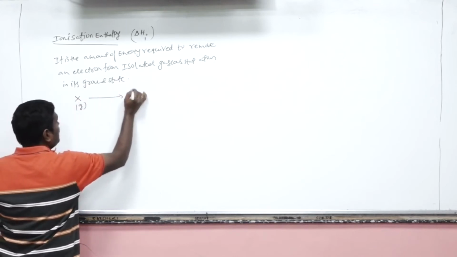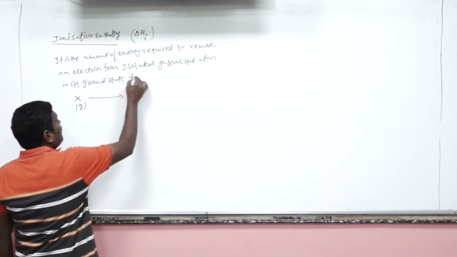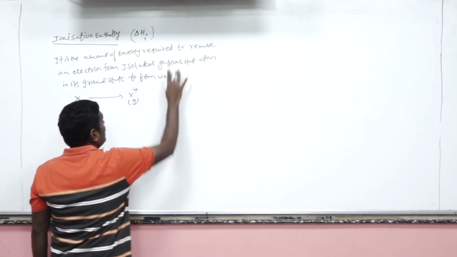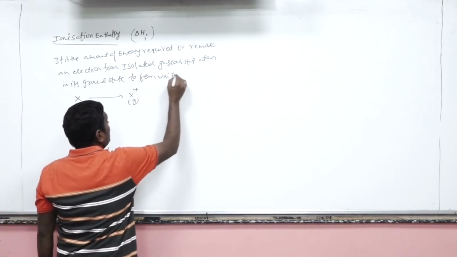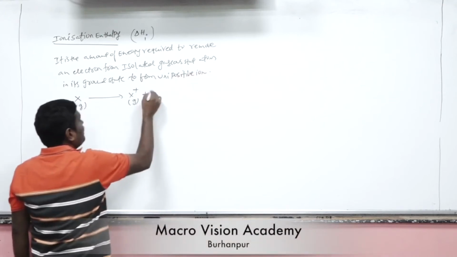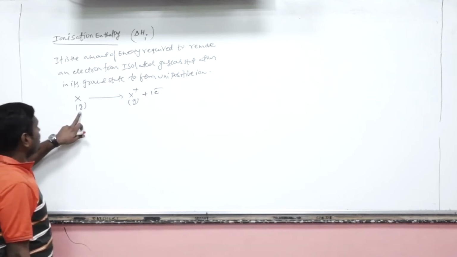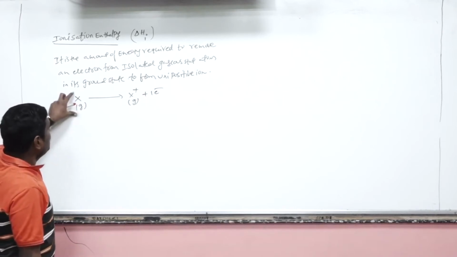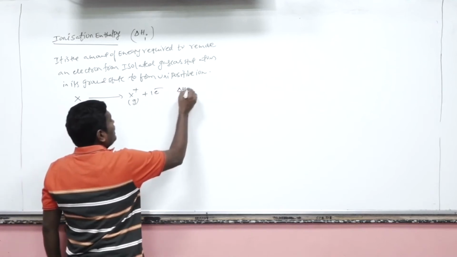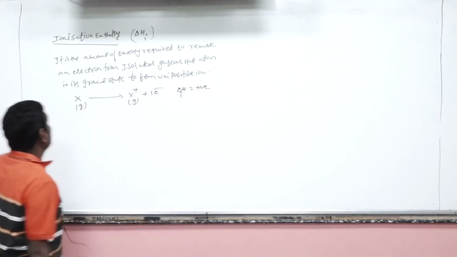I am trying to remove an electron in gaseous state to form a positive ion. Let's suppose there is a gas X in an isolated state atom. I am removing one electron. In this, the heat energy required is called enthalpy of ionization.